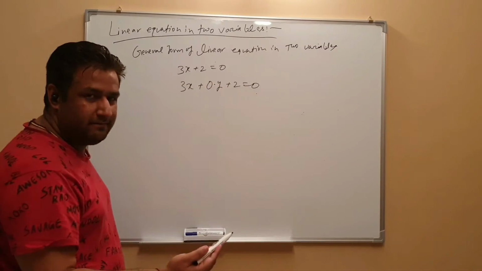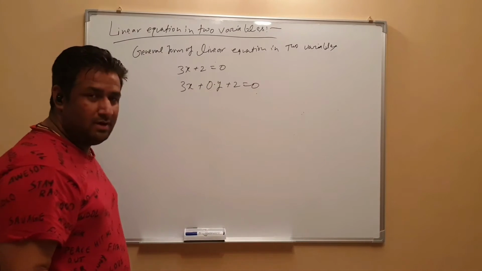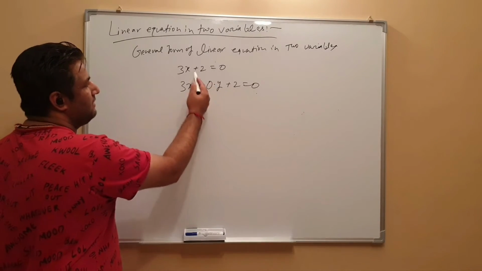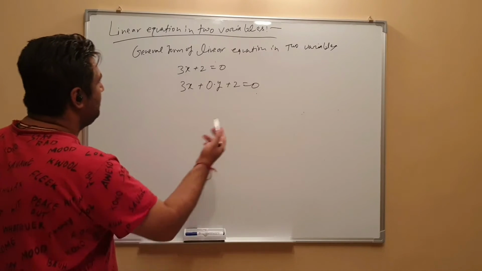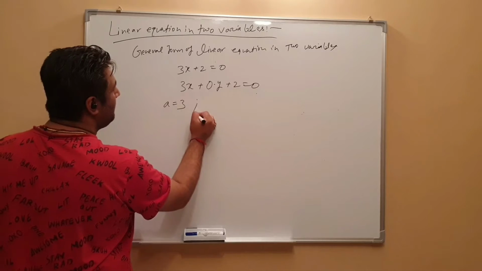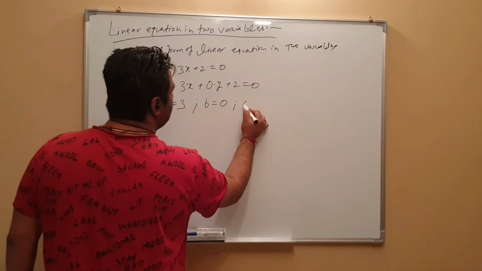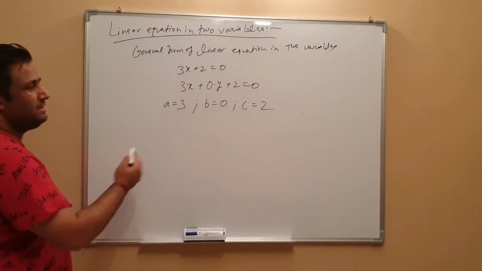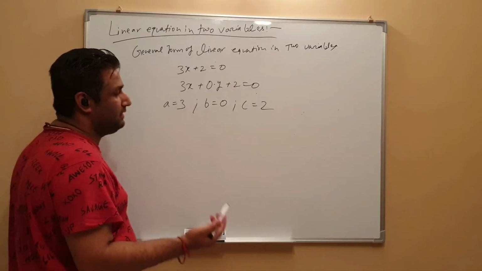There will be no difference between this and this equation, since this term is anyways 0. But we converted it into a two variable equation so that we can get the values of a, b and c. Now if you see very carefully, we can easily identify a is 3, b is going to be the multiple of y, which is 0, and c is going to be 2. That's how you can easily find out the a, b and c from the given equation.